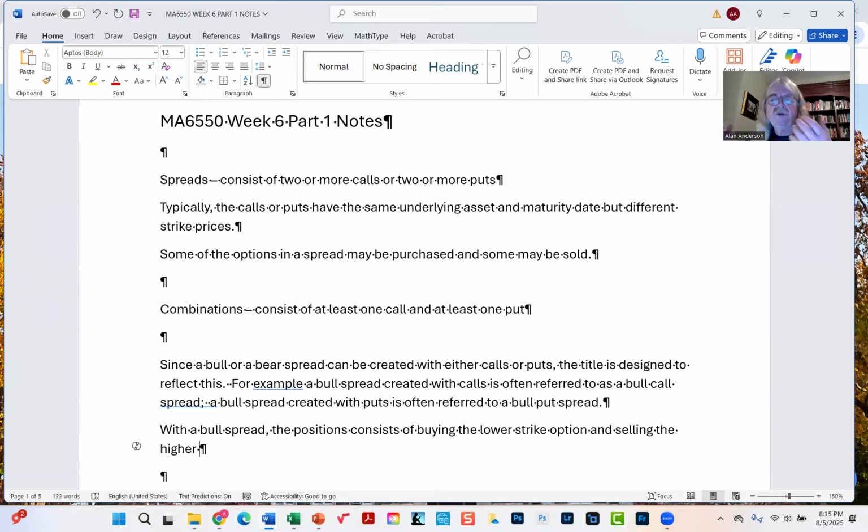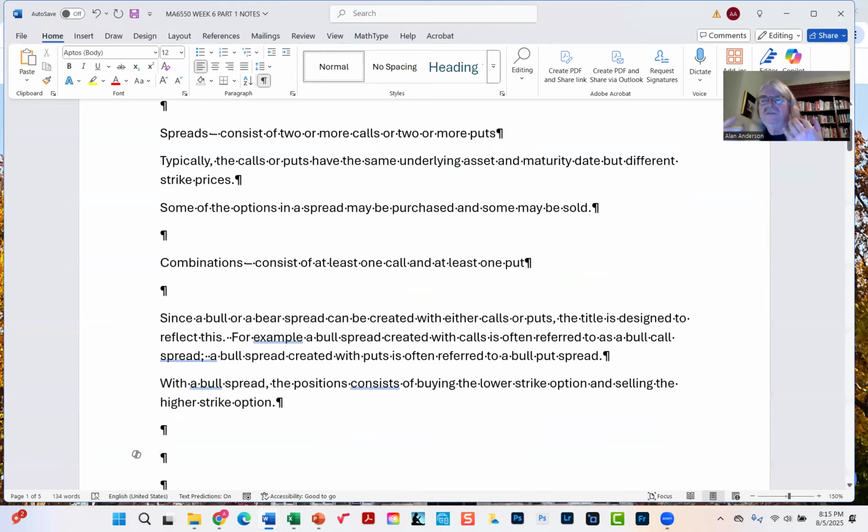In other words, assuming that the two options that we chose have two different strike prices, we're going to buy the one with the lower strike price and sell the one with the higher strike price. Okay. So that's a key, the buy low, sell high. Think of it that way.